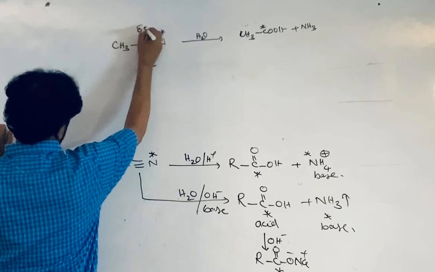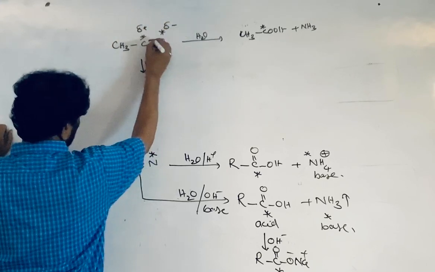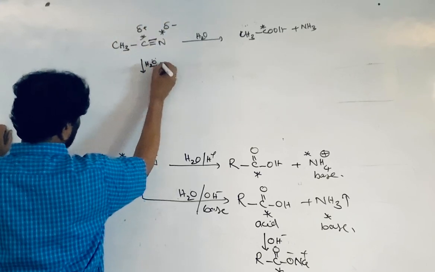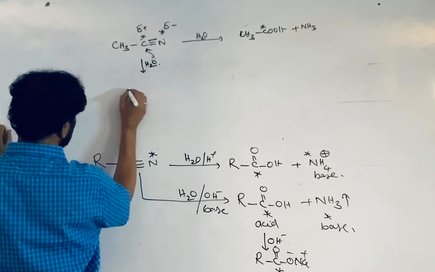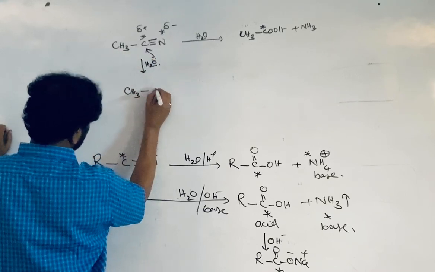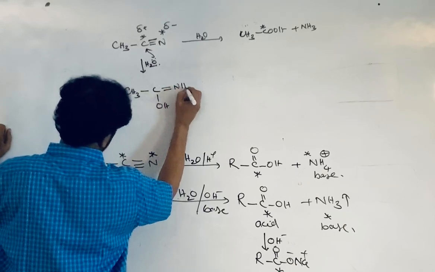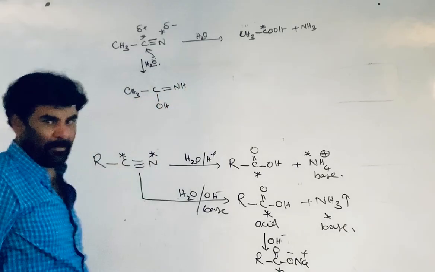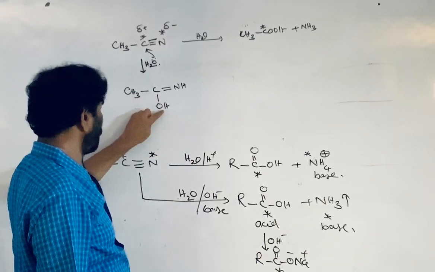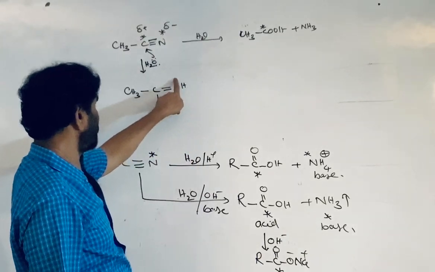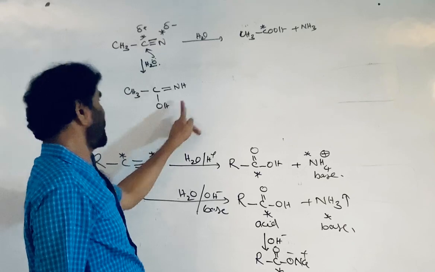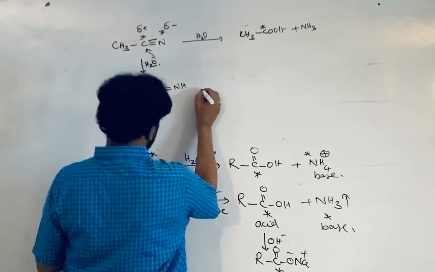This is the positive charge. This is the negative charge. Pi center. Water is adding on this. This is CH3COH. So I am transferring the hydrogen from this to this to avoid the number of steps. Here actually H2O plus, this is negative charge, therefore H plus has to transfer, this imine is formed.